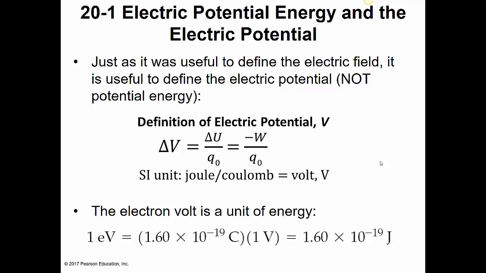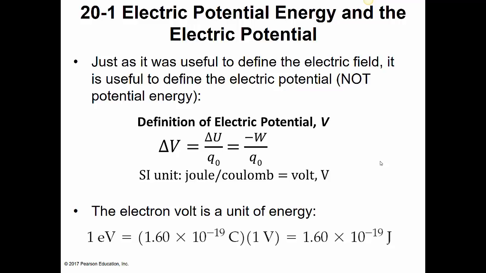The electric potential is given by the symbol V because it's measured in volts. Its formula is the change in potential energy over Q naught, or negative work over Q naught, which means its units are joules per coulomb, which we will call a volt.